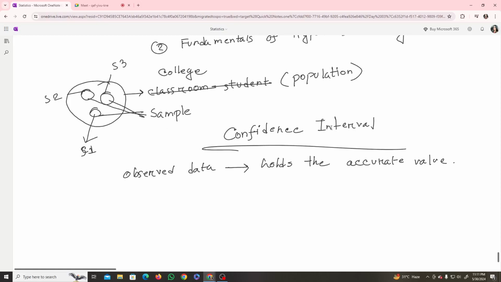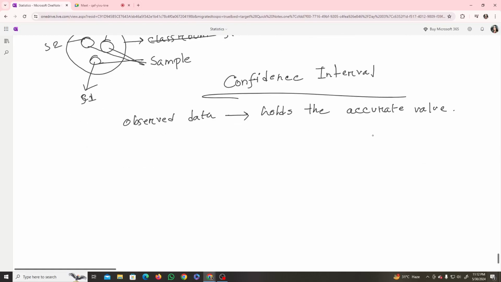Suppose, since we had different values for different samples, this is our confidence interval. Suppose this is 95%. Usually the confidence interval is 95%.